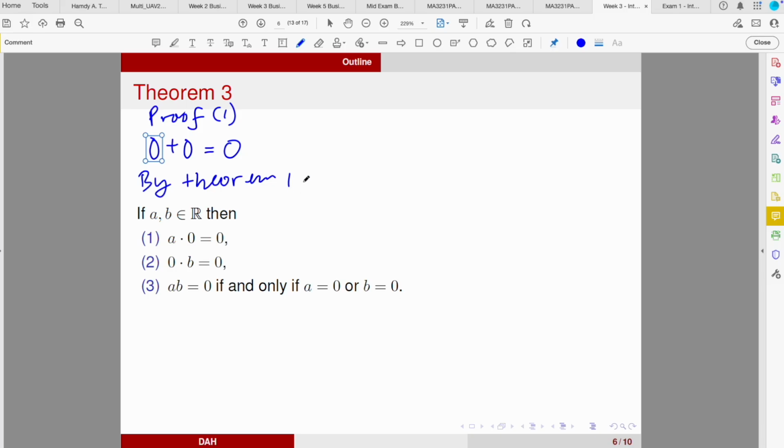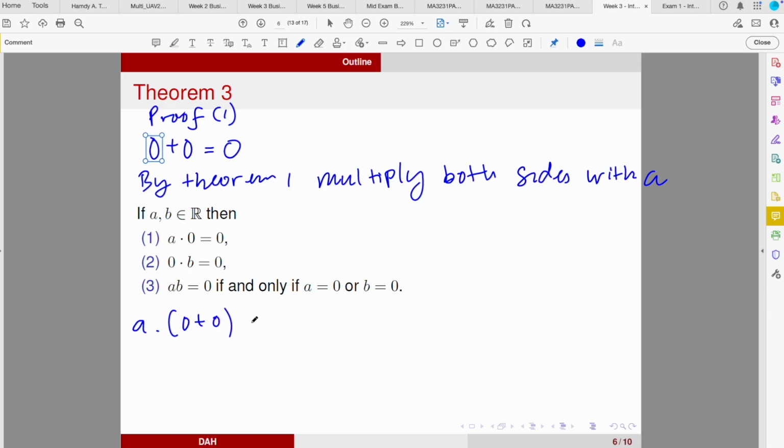By the cancellation property, we can multiply both sides with A. What is that? A times (0 plus 0) equal A times 0.